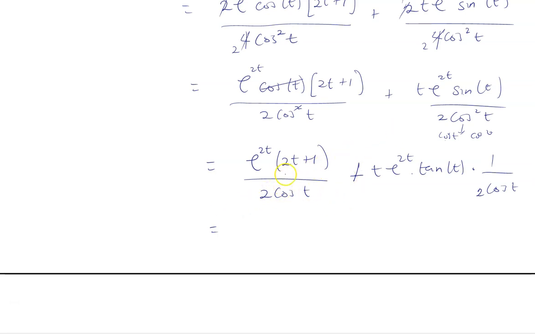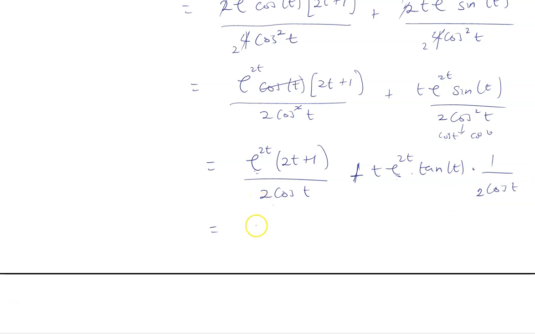I have the 2t here. We have this term here, right? This is common to this. This is common to this. Do you get it? So this is the plus. So we have this one and this, they are common. And we have e^2t, they are common. Do you get it? So I can factorize them out.